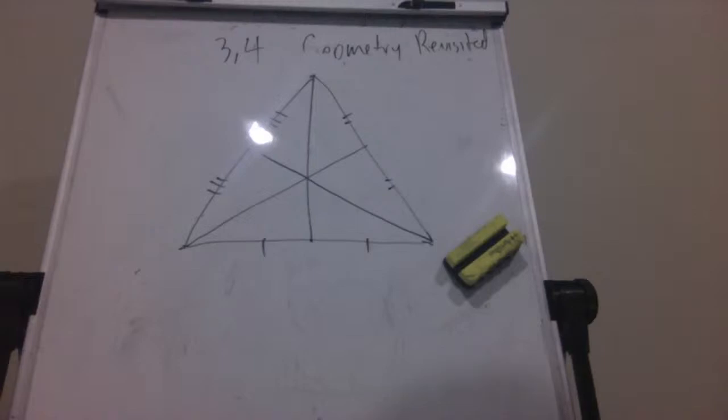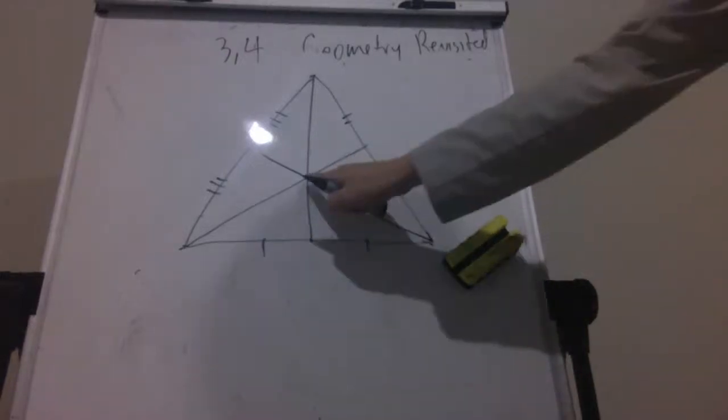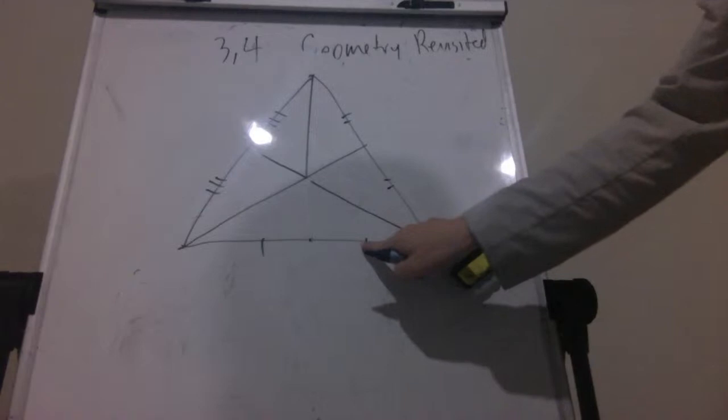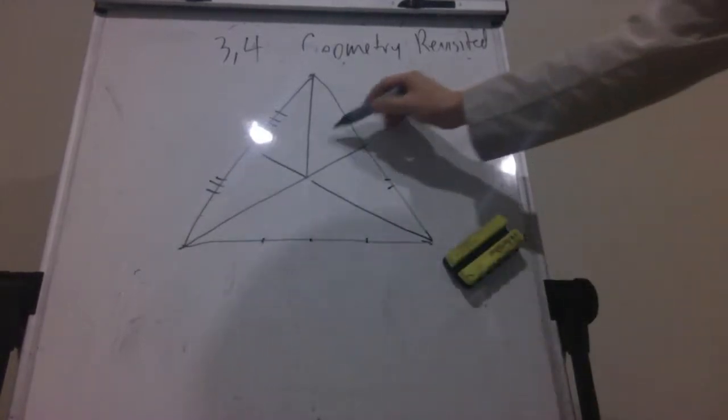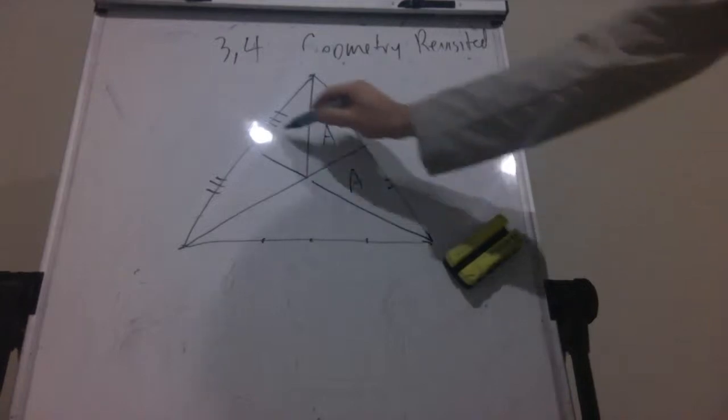Okay. Another way to think about it, that goes into what we're going to do today, is this: if we didn't draw this last point here, and we didn't know it was there, these are already divided into equal areas.